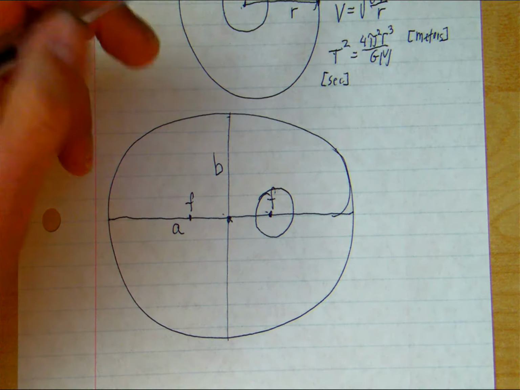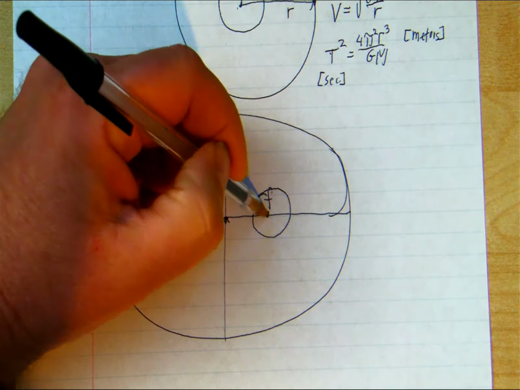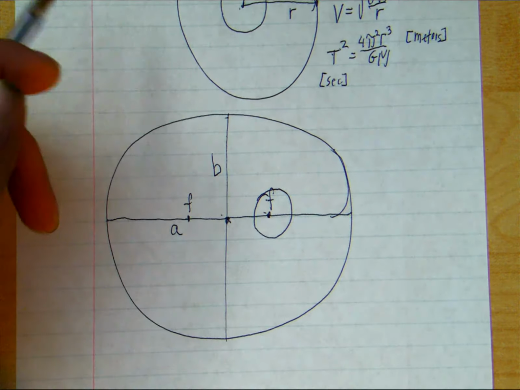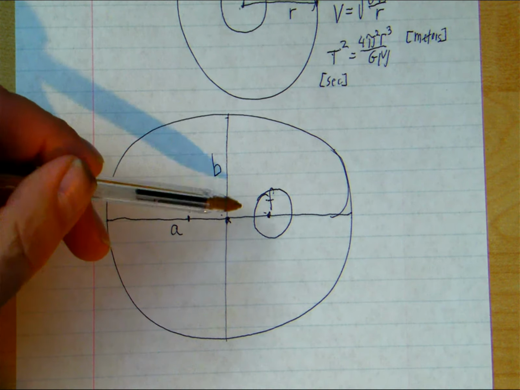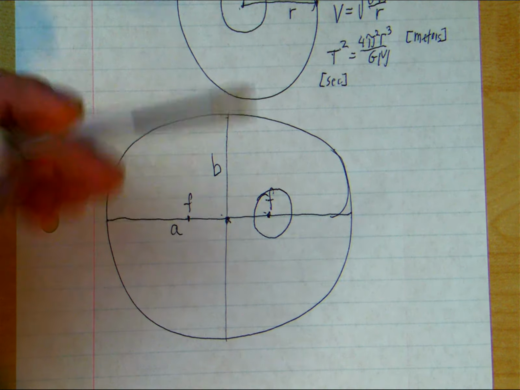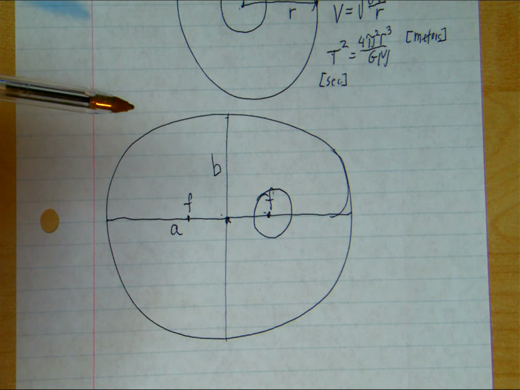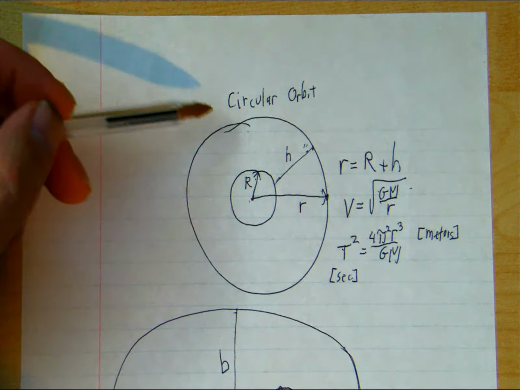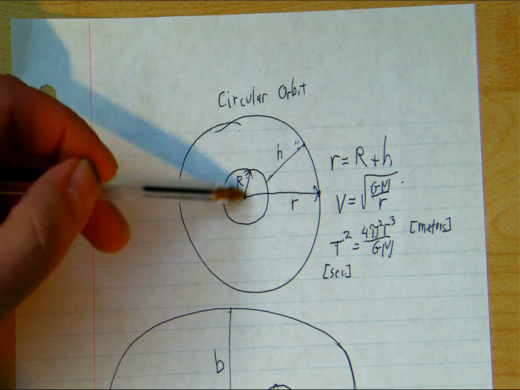There's a couple of terms that you might as well learn right now. By the way, all objects in the universe that are undergoing motion due just to universal gravitation are in conic orbits. So that means they could be a perfect circle, which really doesn't occur in nature.